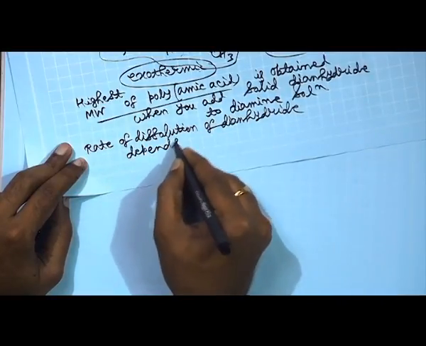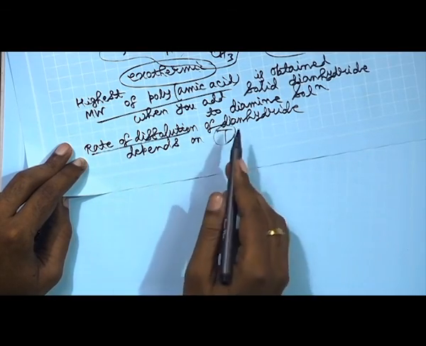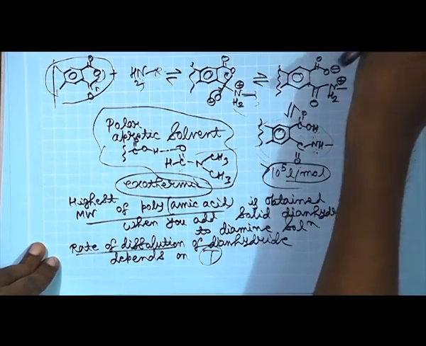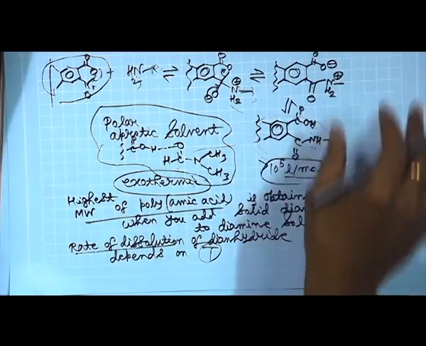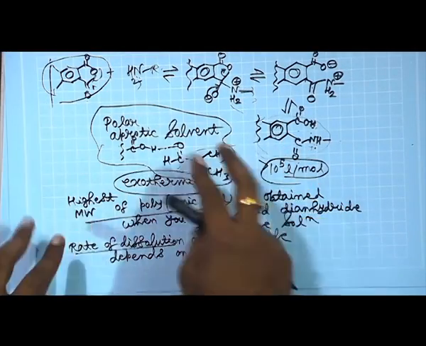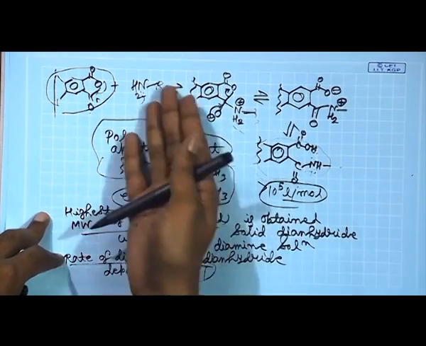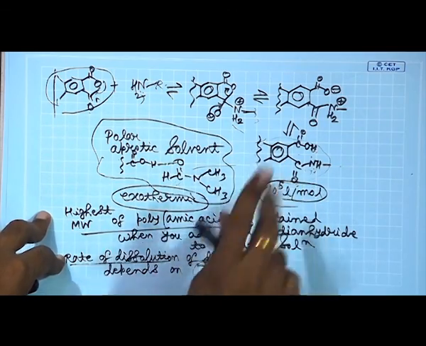This rate goes up as you increase the temperature. This is one more reason why you want to do the reaction at a low temperature. Not only because the reaction is basically exothermic, so the equilibrium will shift to the left if you go to high temperature. So, you want to do it at lower temperature, first thing.